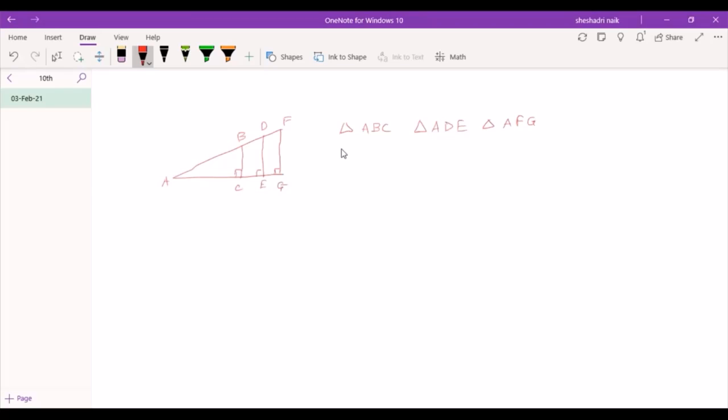They are similar. By what? Which test? AA test. AA test is similar. So that's why what happens is that BC upon AC will be equals to DE upon AE equals to, can somebody complete this?